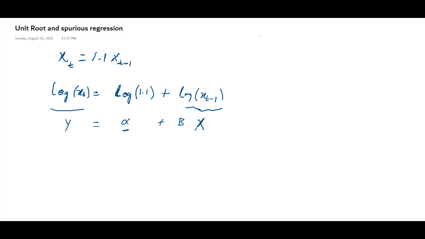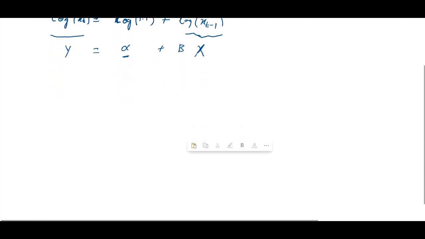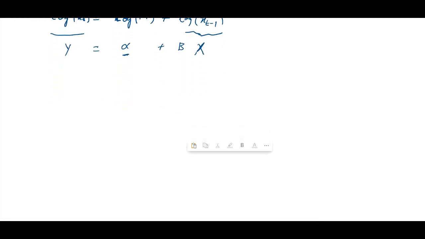To see the significance of the problem, Granger and Newbold in 1975 constructed a Monte Carlo analysis generating a large number of yt and xt series containing a unit root. We can replicate that.